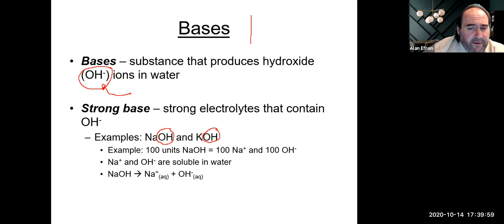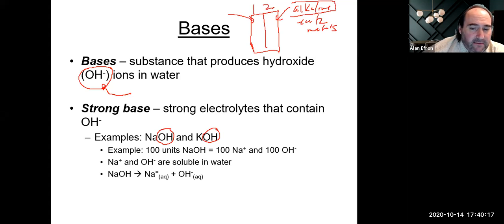If you look on your periodic table, in group 1 and group 2, and if you remember what group 1 was called, group 1 is the alkali metals, group 2 is the alkaline earth metals. The word alkaline means basic.